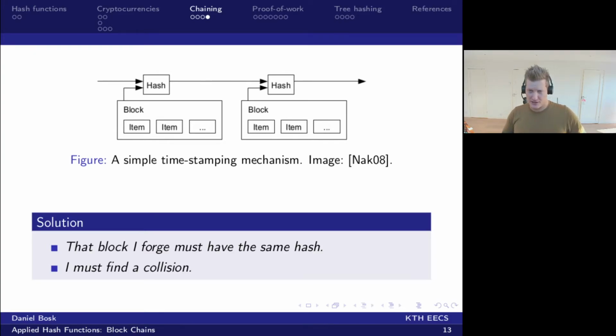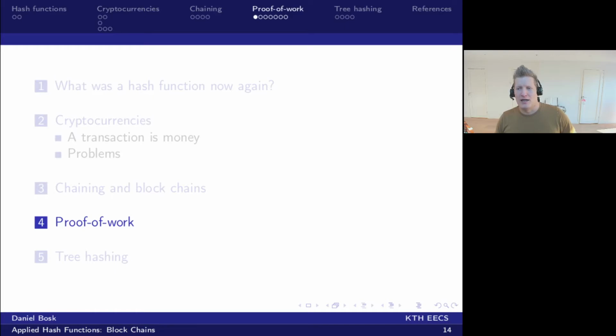If the hash function is a cryptographic hash function, then this is difficult to achieve. Now, let's get into proof of work. And this is very interesting because this will actually sort of violate what we just said. That was hard, but in a clever way. So we'll see.